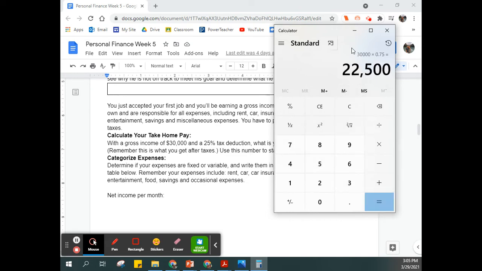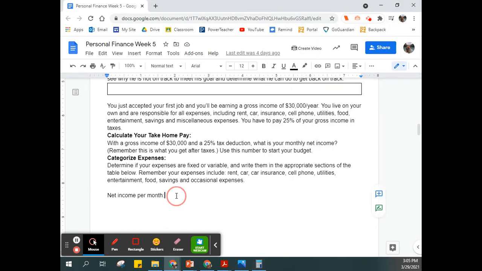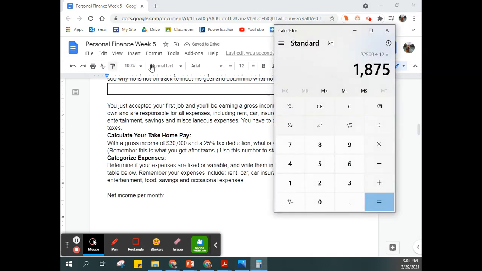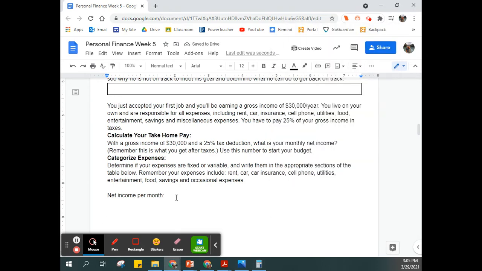So you get $22,500. That is your yearly net income. But remember, we do all of our budgets based on monthly, so we're going to divide that by 12. And there we go, 1,875. So your net income per month is $1,875.